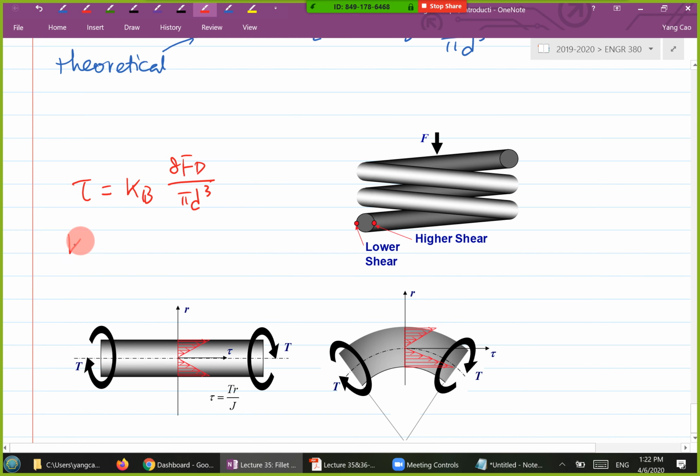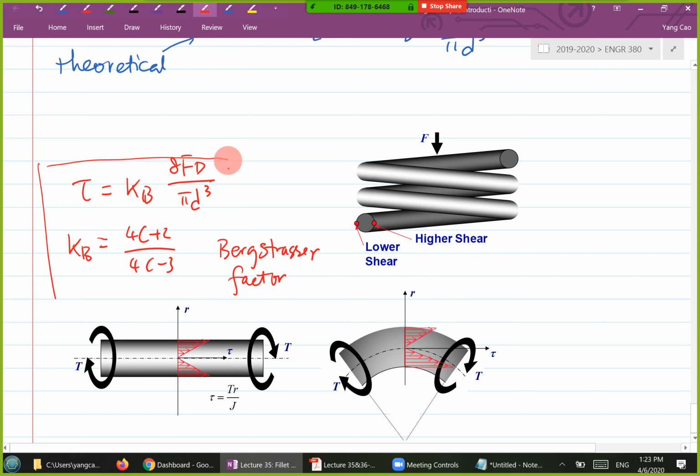Kb here is 4C plus 2 over 4C minus 2, and this is called the Bergenstrasser factor. We are going to use this one for our future calculation of the shear stress.